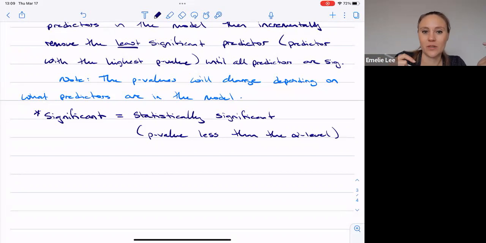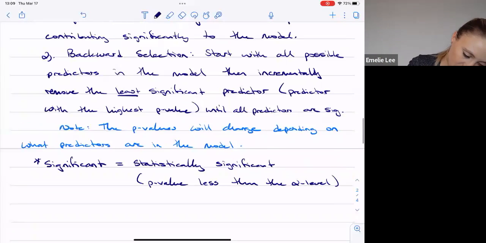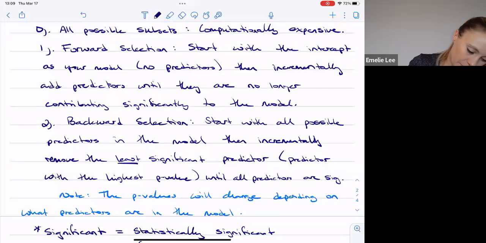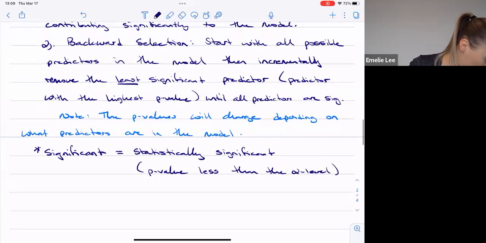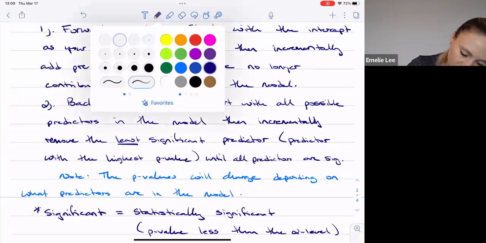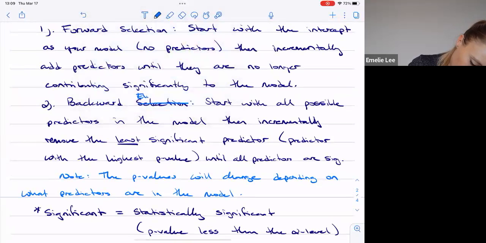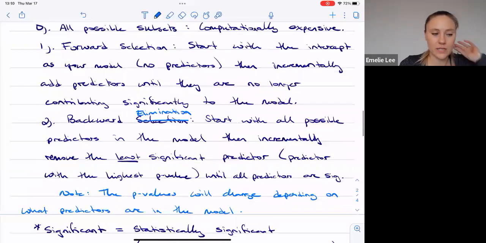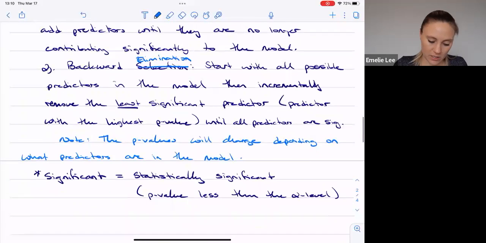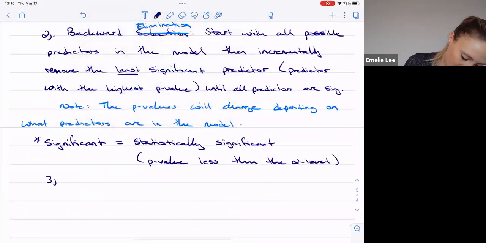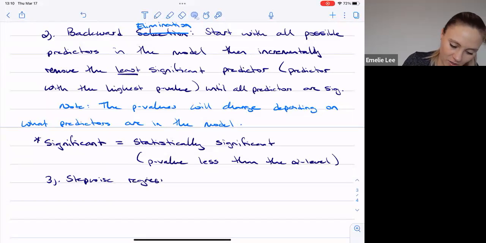Or do a mashup of the two, which is stepwise selection, or stepwise regression, a combination of the two.